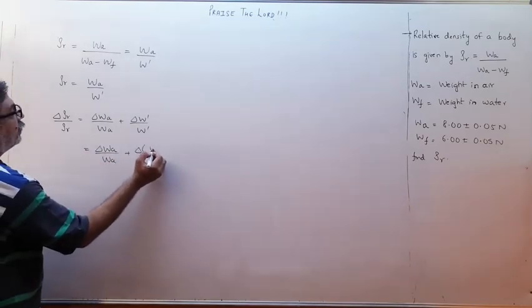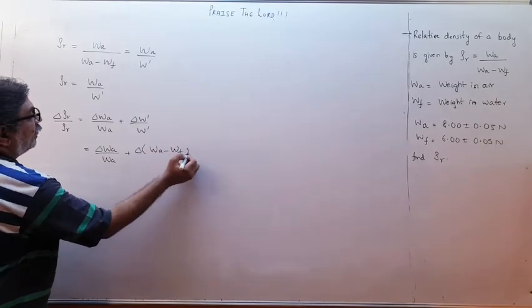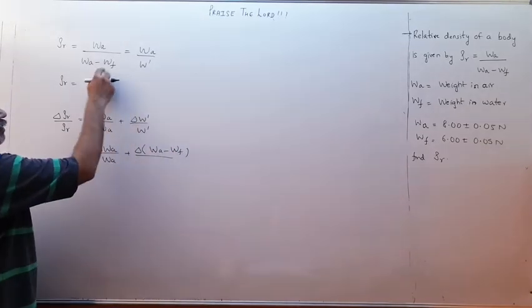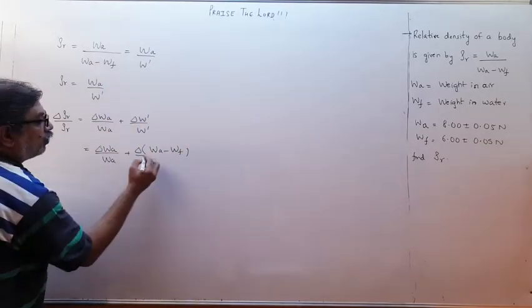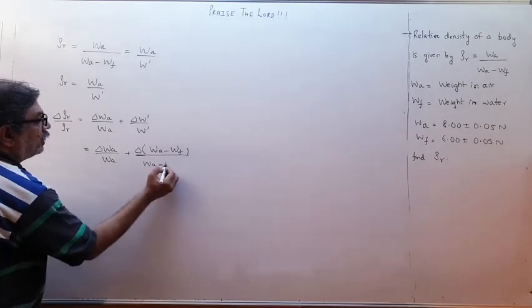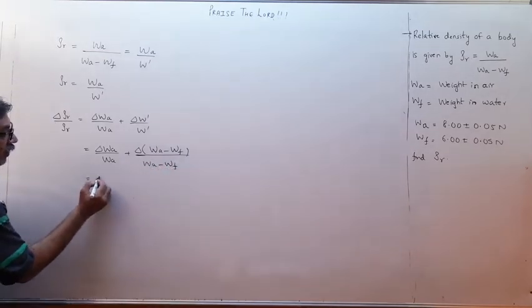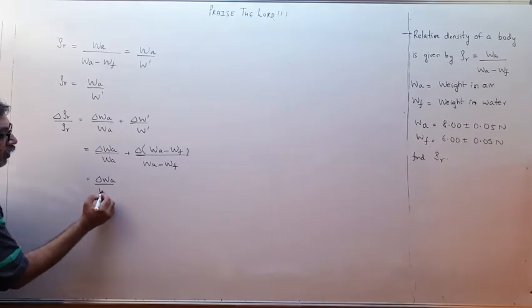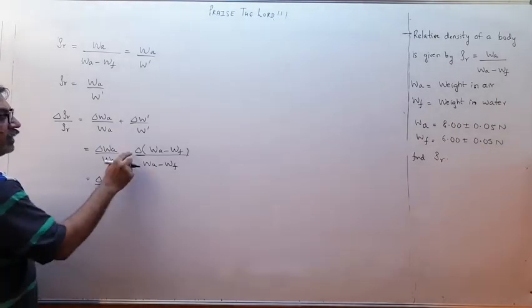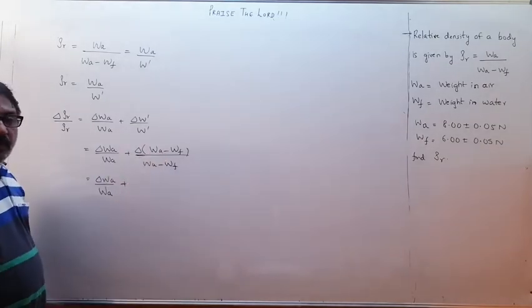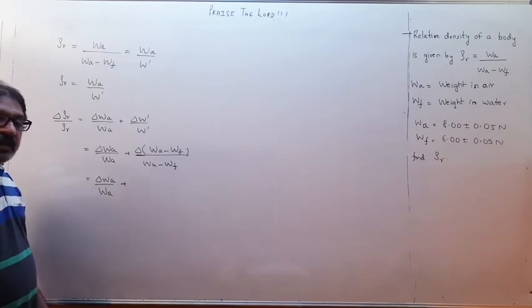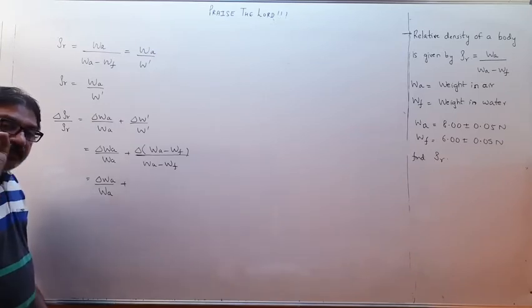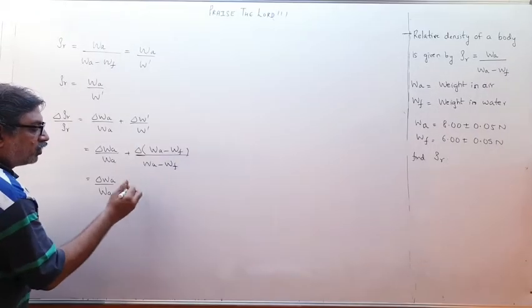What is W dash? WA minus WF. So this is delta WA upon WA plus delta of (WA minus WF) upon (WA minus WF). What is delta of A minus B? It is not delta A minus delta B. Error in A minus B is delta A plus delta B. So please don't make a mistake over here.